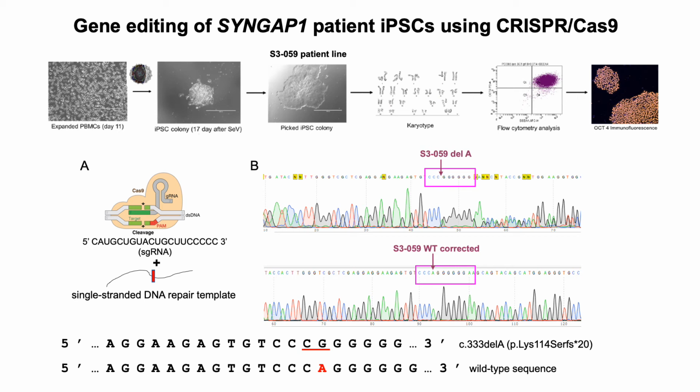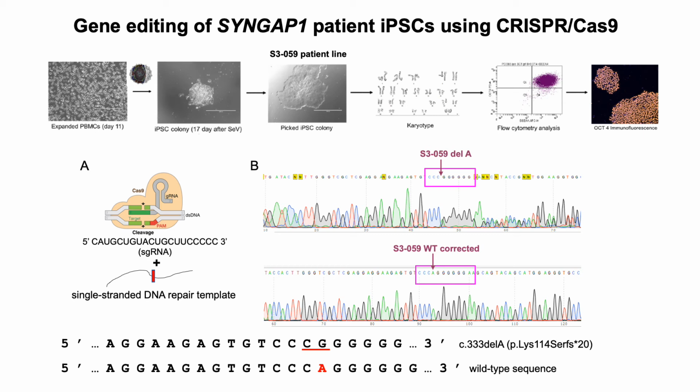Here is the workflow of generating the iPSCs from the patient blood, along with the karyotyping and other quality control. Then we used CRISPR-Cas9 gene editing of the SYNGAP patient line, which we call the S3059 line, in order to create the isogenic control.